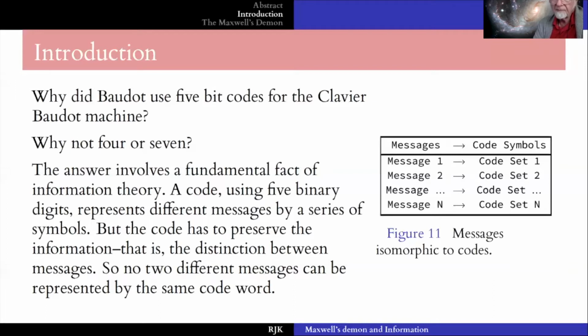So no 2 different messages can be represented by the same code. So every message that you could possibly have, from messages 1 to n, has to have some code symbol that matches it isomorphically. So that is, it has to be 1-to-1 and onto.